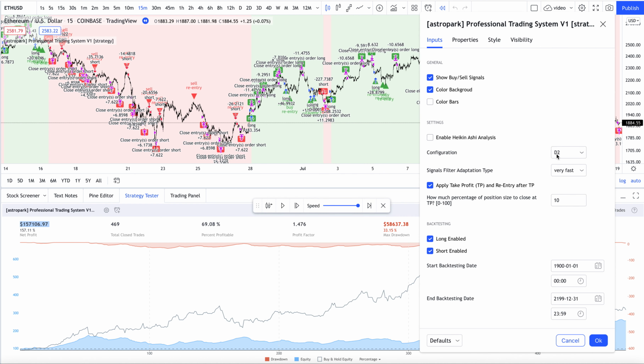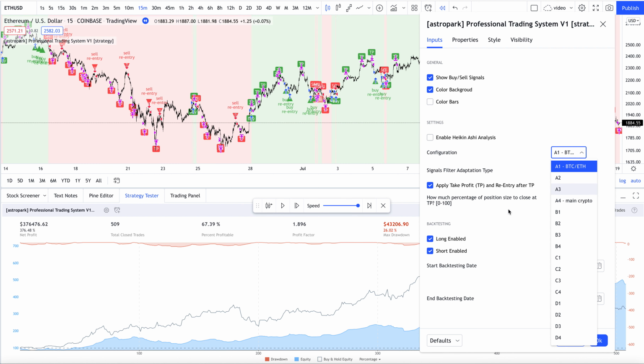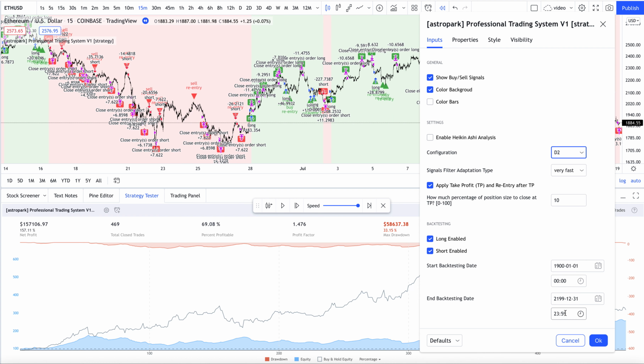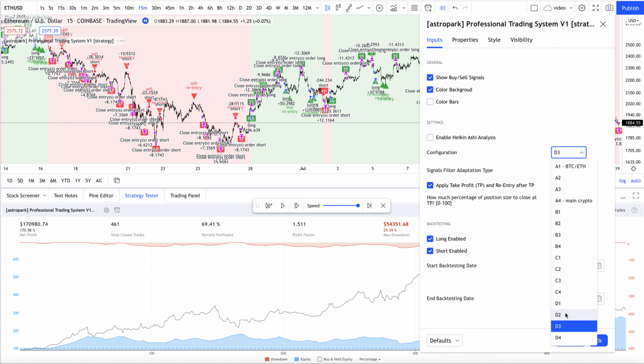But how was the A2? Sorry, the A1. The A1 was even better. So when you see that a configuration is great, maybe it's not so great compared to some more history. Let's check all of them again.